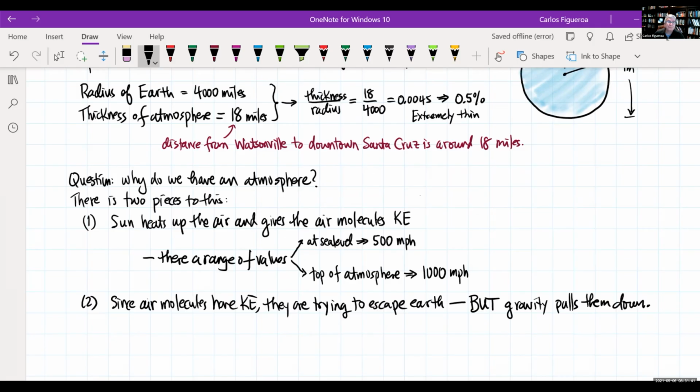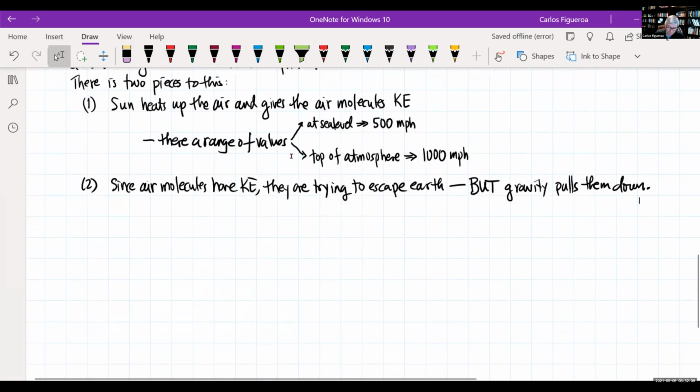And then you might be asking the question, if we're constantly losing air molecules, then why is it that we have an atmosphere? It turns out that rocks are also gassing out air molecules too. So there's a combination of new air always being produced as well as air leaving the atmosphere. And so this is what gravity does.